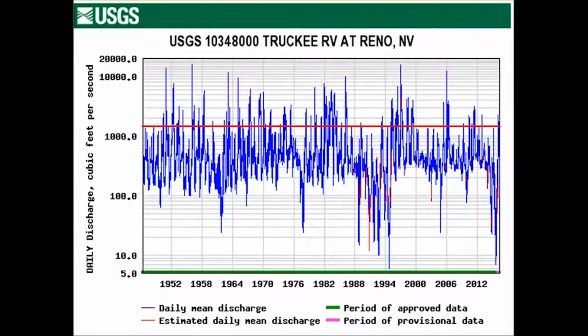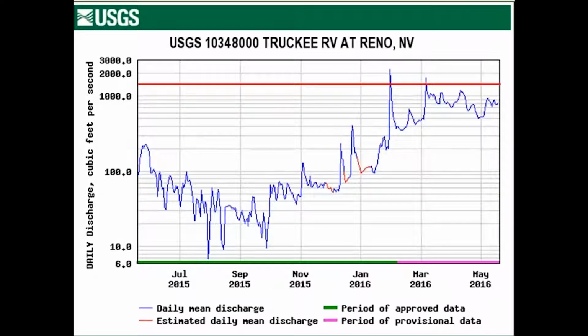Here's that same line plotted against just a 1-year hydrograph, and you can see that in the last year, which I think is probably current up to this week at least, we've gotten over that point just twice, and maybe only for a day or 2 or 3 at a time. So we've had those flows this year.